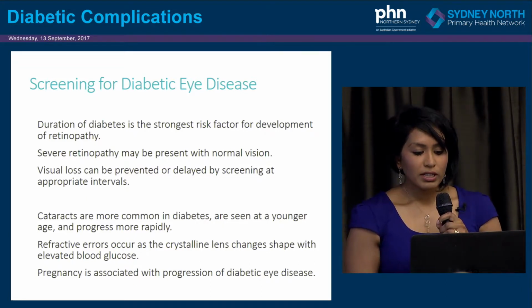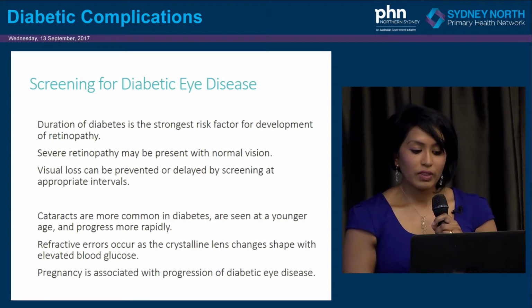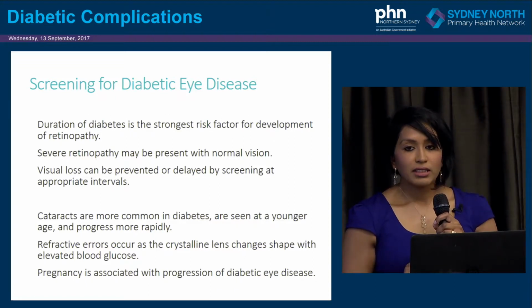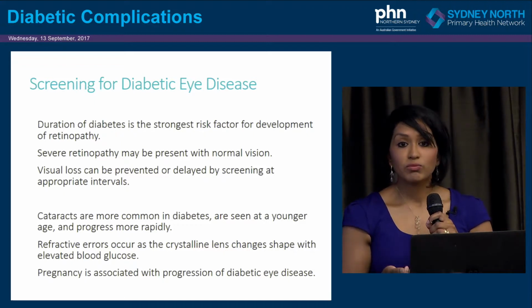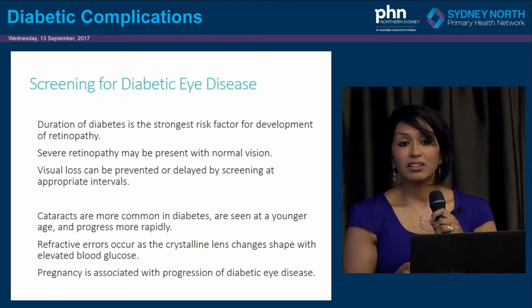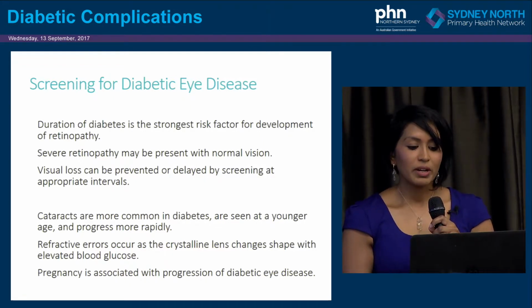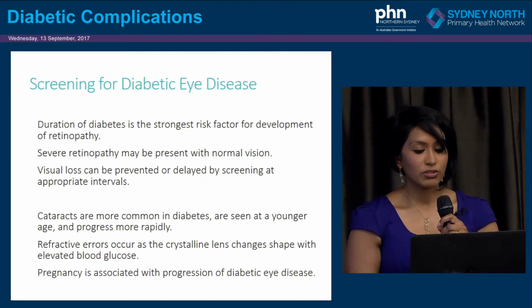Apart from retinopathy to do with diabetes, cataracts are more common in diabetes and are seen at a younger age, and they progress more rapidly, so just to be aware of that. And with fluctuations in blood glucose levels, there can be changes in fluid shifts into and out of the lens of the eyes, so patients will report blurred vision, and that's why that's a characteristic symptom of a new diagnosis of diabetes, but it can occur with fluctuating sugars as well.